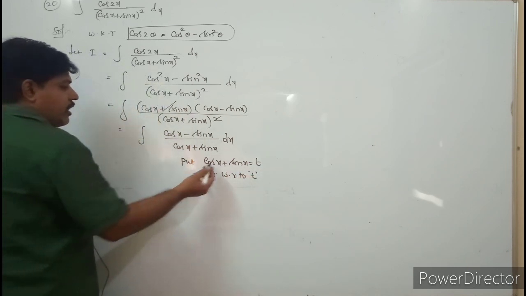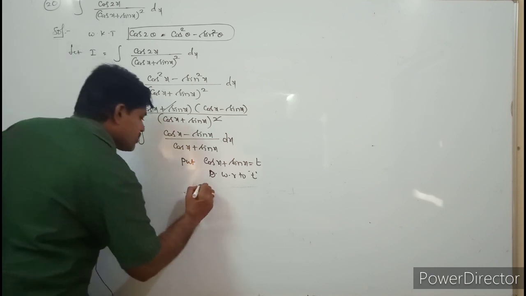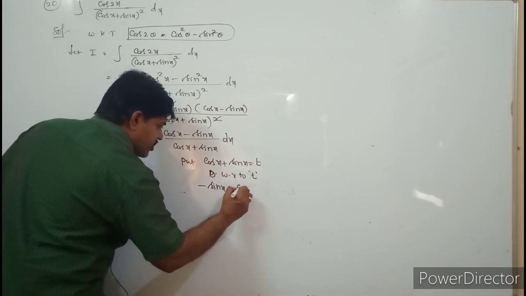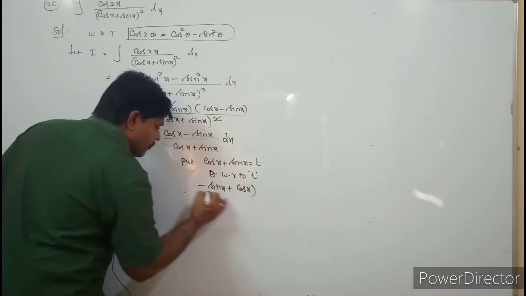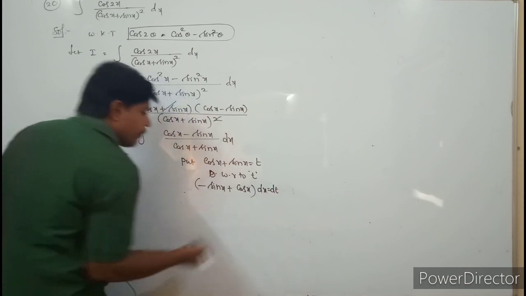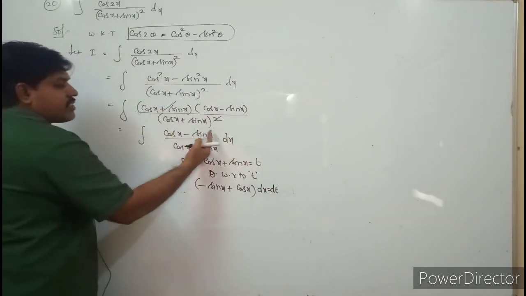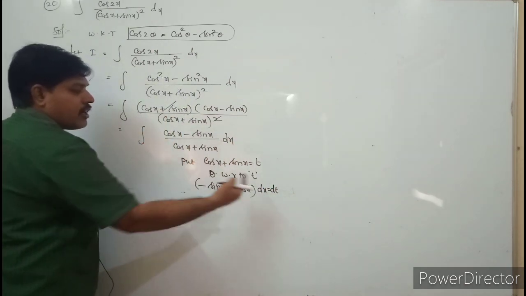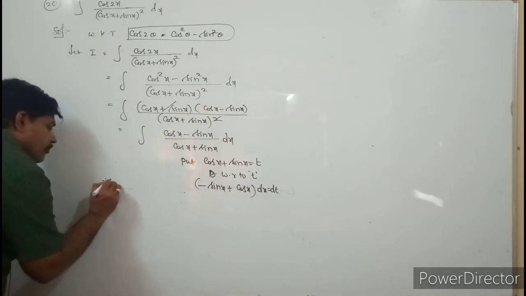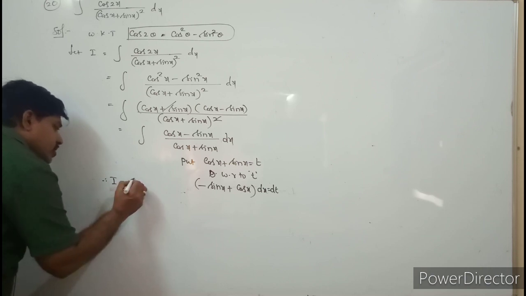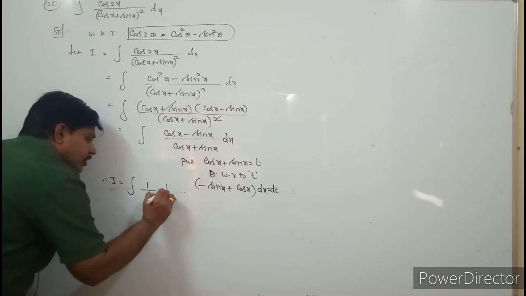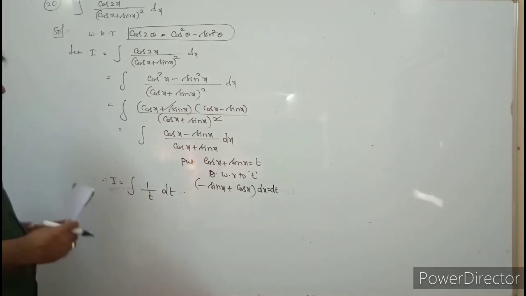Differentiate with respect to t: cos x derivative is minus sin x, plus sin x derivative is cos x, into dx is equal to dt. So cos x minus sin x into dx, the total numerator, will become dt. Therefore I is equal to integral of 1 by t into dt. So what is the I value?